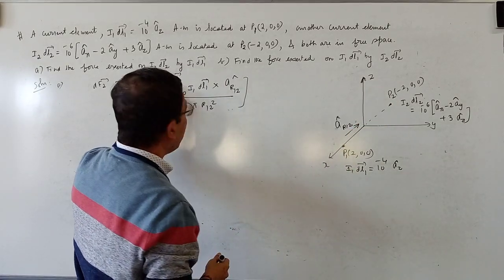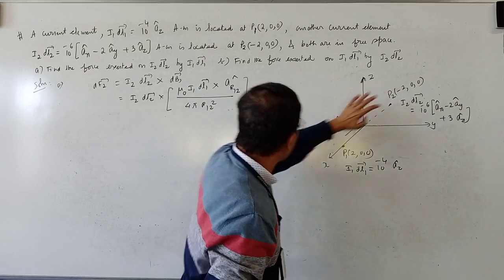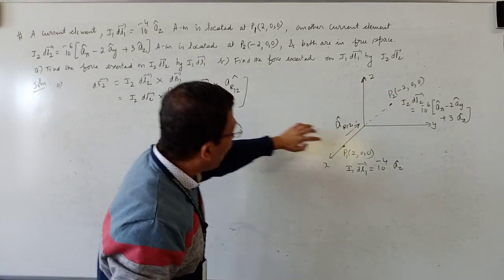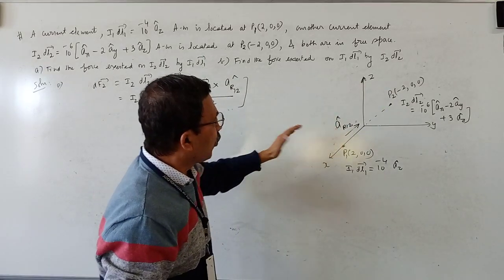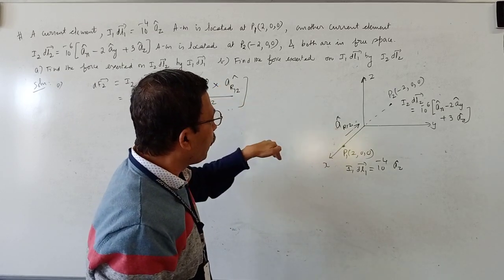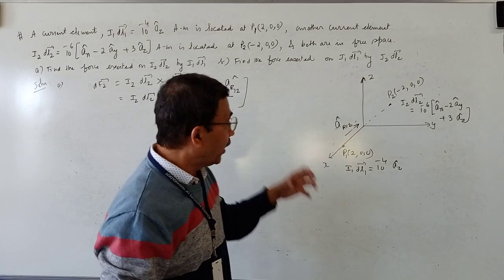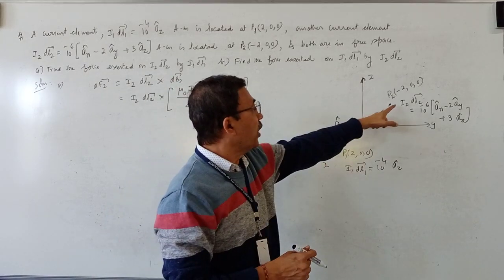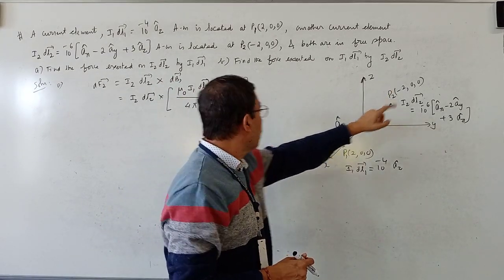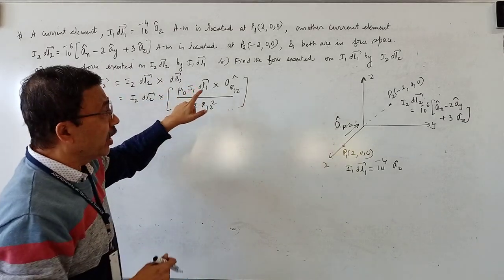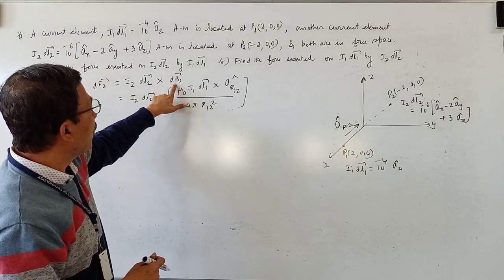Where this vector dB1 is present, it is present at this location, and vector dB1 is produced by this current element. Therefore, the unit vector has to act from the current element to the point of interest. The current element is at P1 and the point of interest is P2. At P2, this is the magnetic flux density, vector dB1.